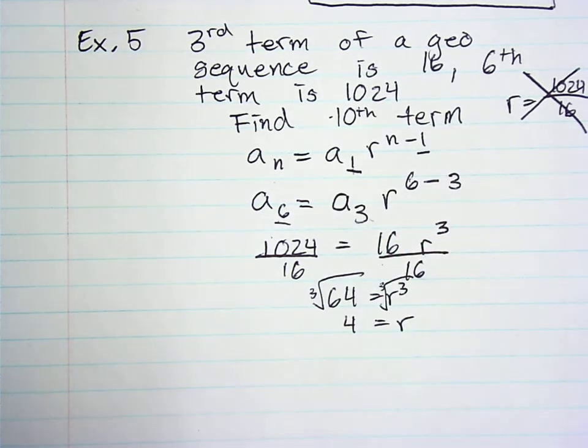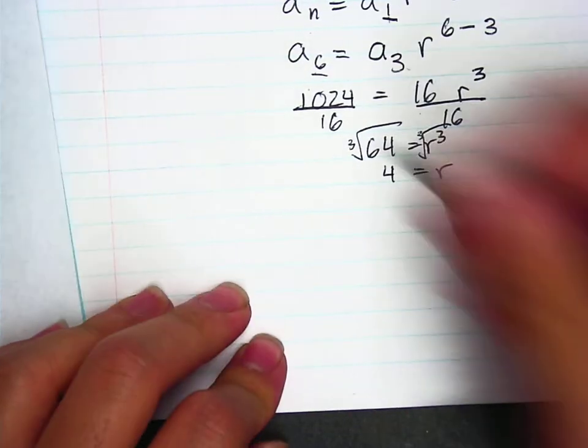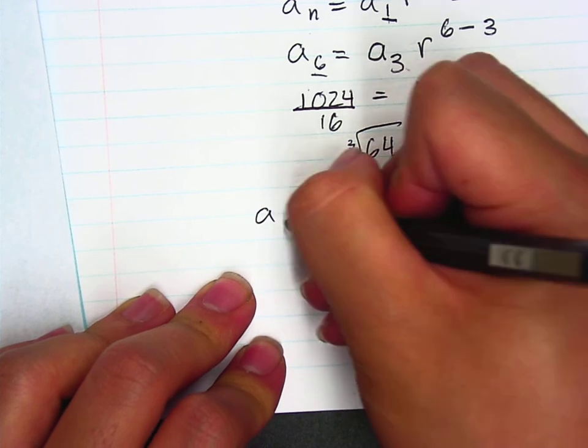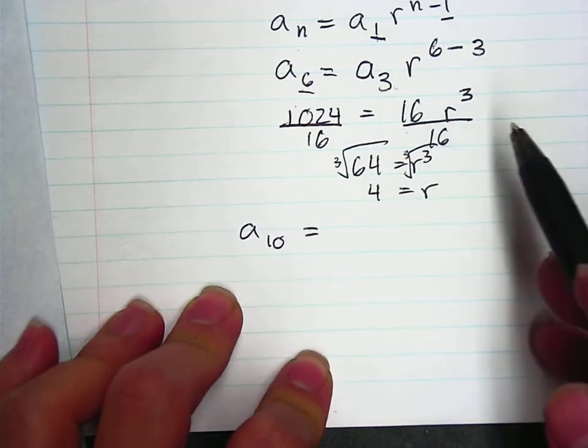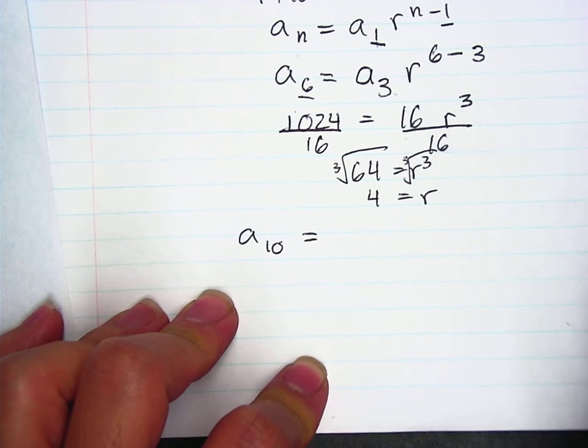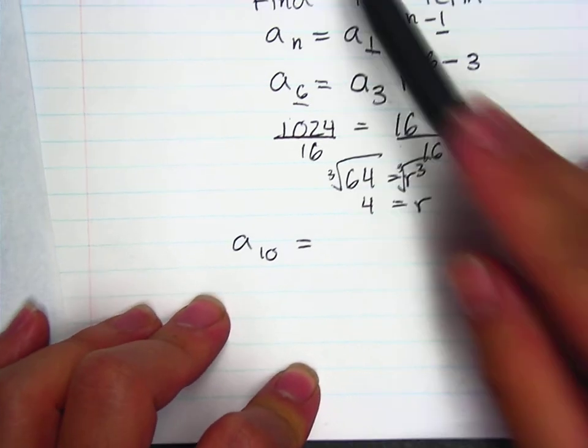I'm going to use that ratio and use all of these formulas once again in order to find that 10th term. So now I'm going to find a sub 10. And because I don't have my initial value, you guys could calculate it by using that ratio, or you can use the third term.